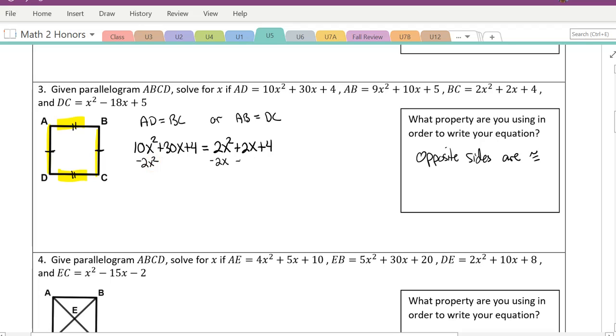I'm going to subtract 2x from both sides. I'm going to subtract 4 from both sides. And so the right side gets zeroed out. And we're left with 8x squared plus 28x is equal to 0. So that's your first step. Make it equal to 0.